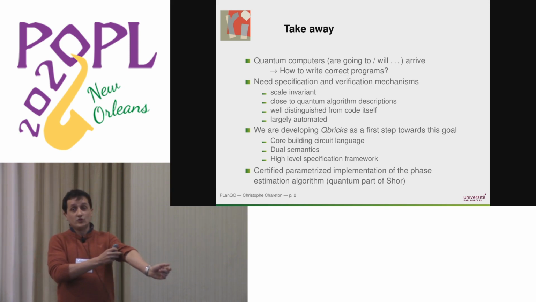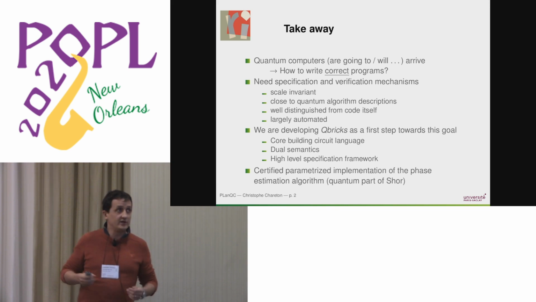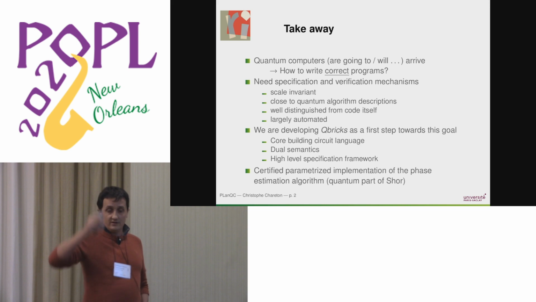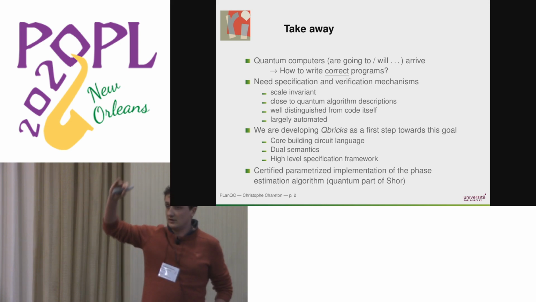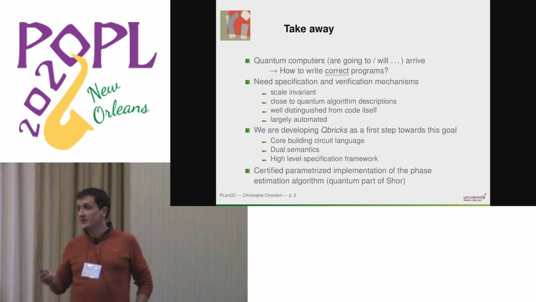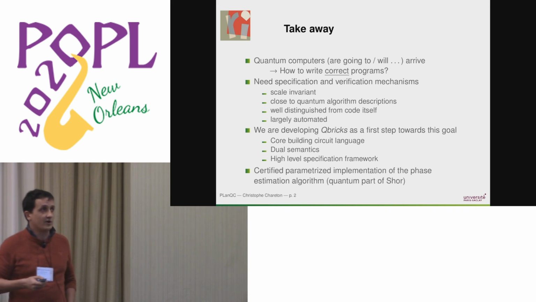We want them to enable programming that looks like the descriptions of the algorithms from the literature. We want to be able to easily and automatically distinguish the effective program from its specification part, and we want to enable proofs in a manner that is automated as far as possible.